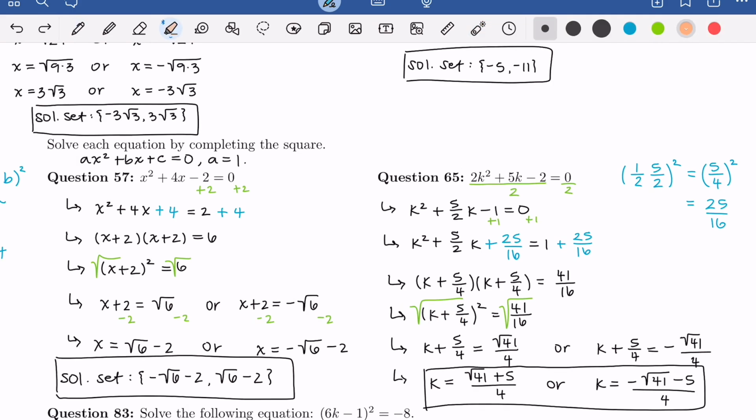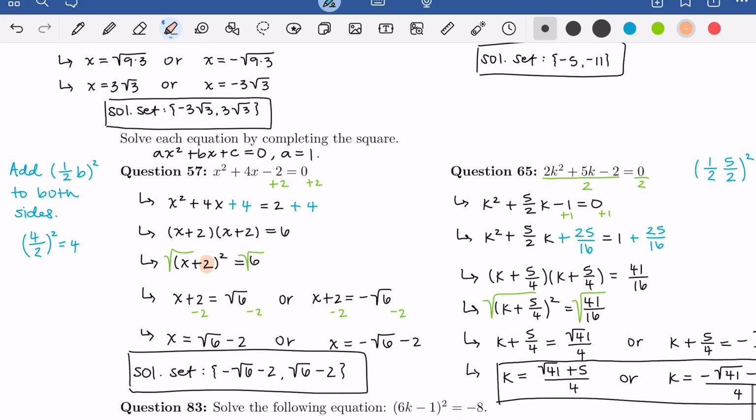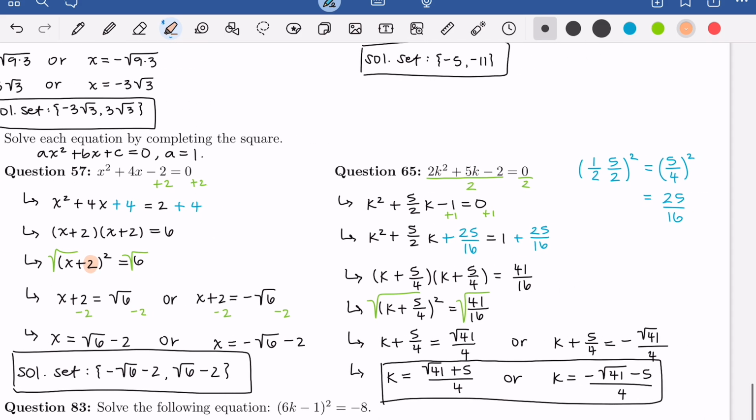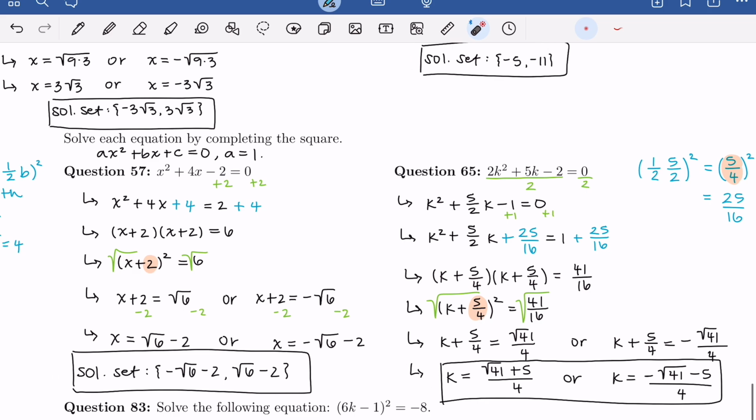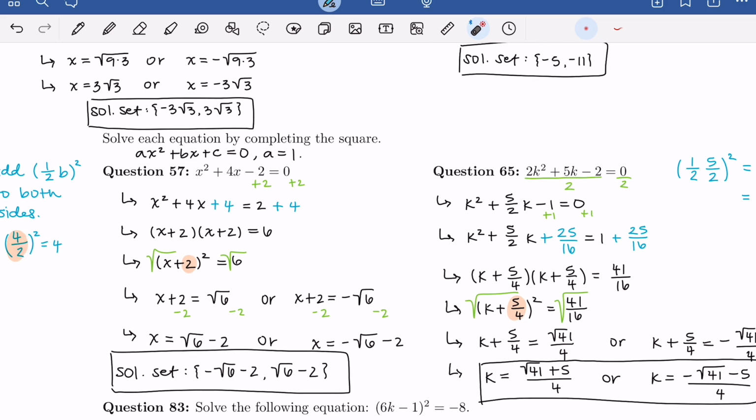And again, I just want to emphasize that this term, when we factor, is going to be half of our b coefficient. So this guy is this guy here. And so that's the whole point of completing the square, so that we can easily factor this. And this will always be half of our b term every time we complete the square.